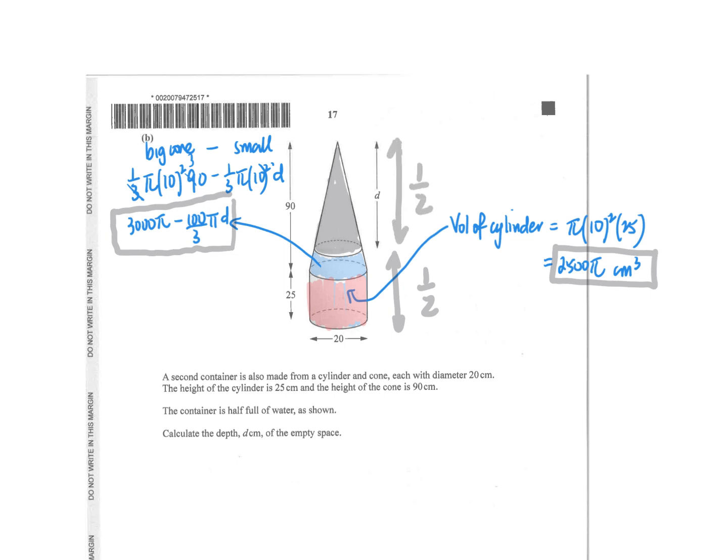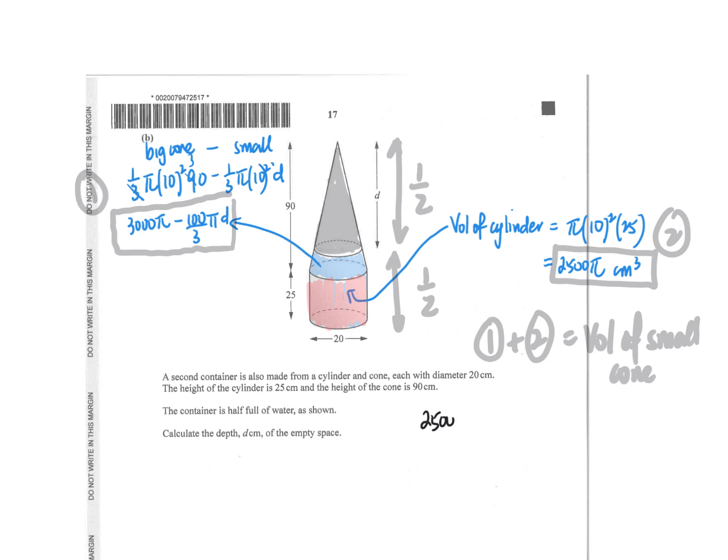So if I add these two, number 1 and 2 together, it should be equal to the volume of the small cone. Okay, so if I were to write them together, then the volume of the small cone is just, oh, I need the radius though.